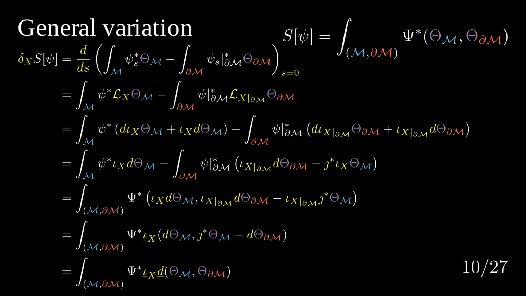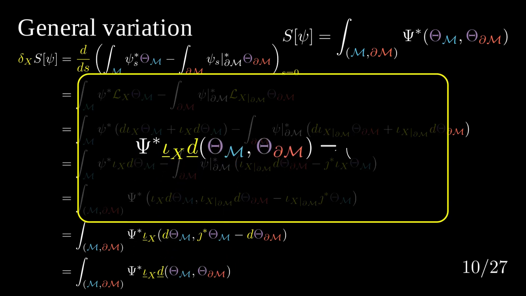If we want this action to be at a critical point, we need this variation to be 0 for every vector field, and using techniques similar to the fundamental lemma of calculus of variations, it means that this integrand has to be 0 for every vector field. So these are the equations of motion.